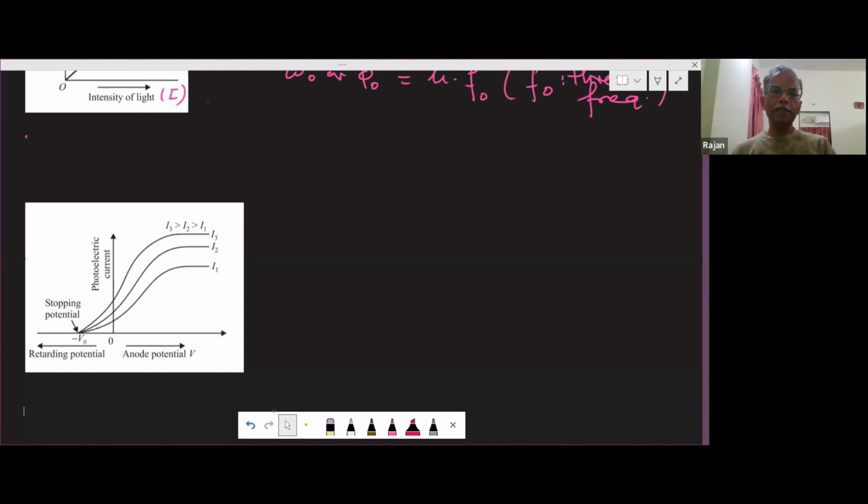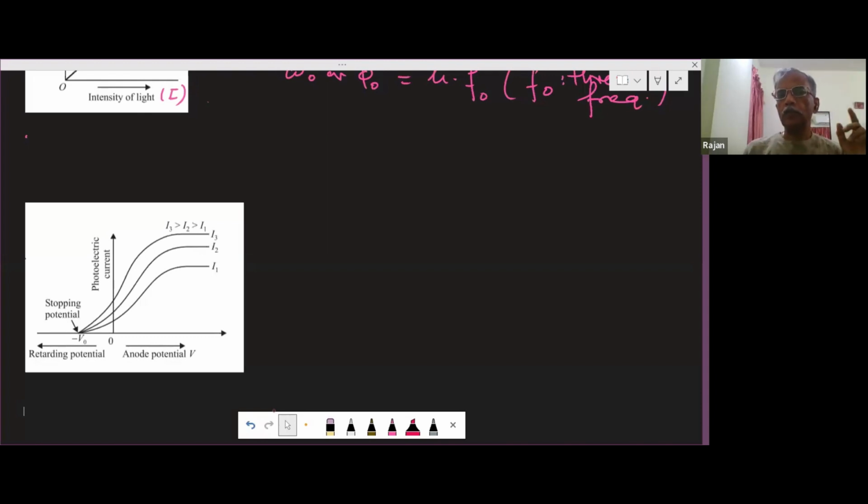So right now the case is for different intensities of the light radiation. I mean, these photons, if I am considering case one with intensity I1, then what kind of graph? Intensity I2, intensity I3, and so on, such that I3 is greater than I2, which is greater than I1. You see, the intensity is more, the graph is moving up.